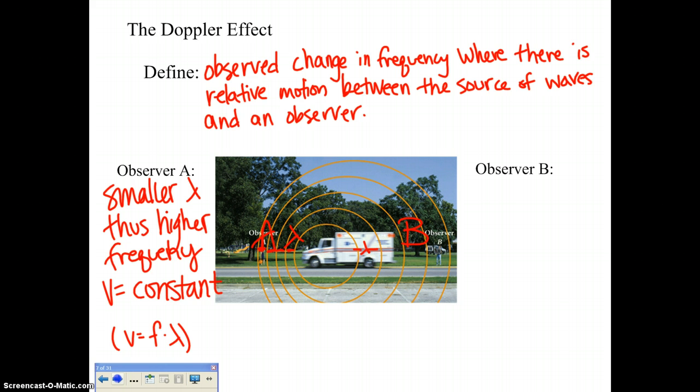Whereas over here, you're going to have a larger, longer wavelength, therefore lower frequency, but once again, your velocity is going to be constant throughout this system.